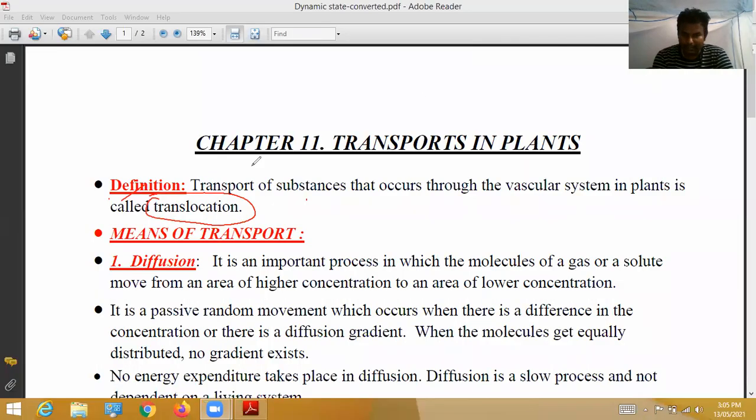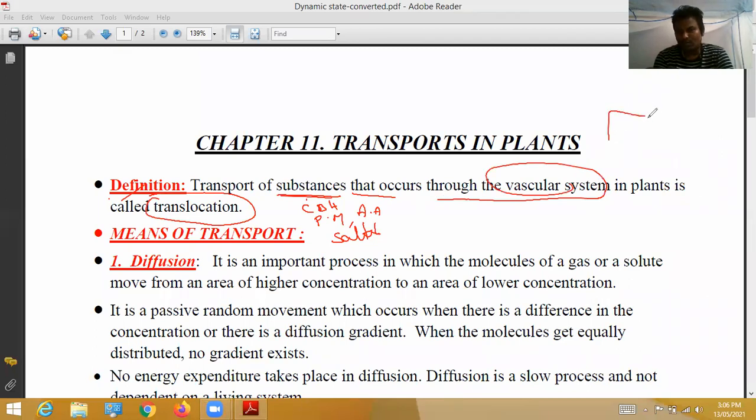Substances in the sense of what? Carbohydrates, proteins, minerals, amino acids, salts, etc. These are all considered substances. Transport of various kinds of substances that occurs through the vascular system.